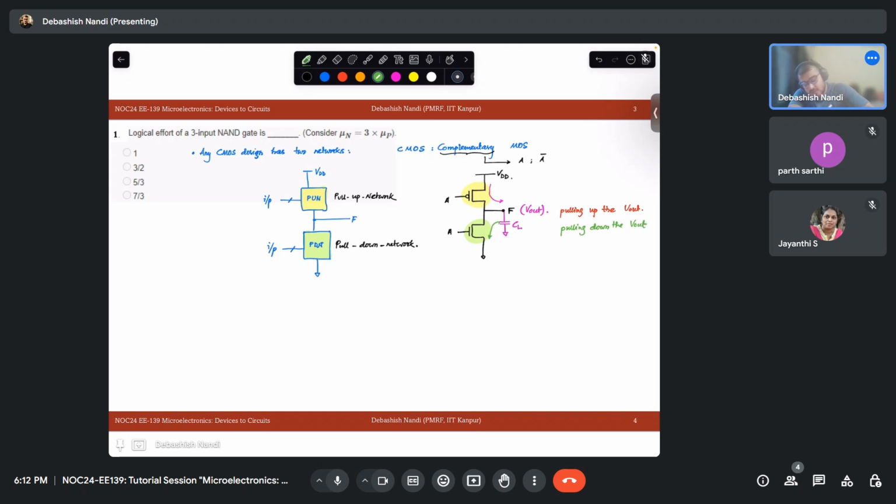This is making F 1, and this is making F 0. That means you are emptying the tank, or discharging the capacitor. This is how the nomenclature of pull up network and pull down network came about. One thing you have noticed is that in CMOS inverters, we have always kept PMOS in the pull up network and NMOS in the pull down network. Another thing, just let me point it out at this point.